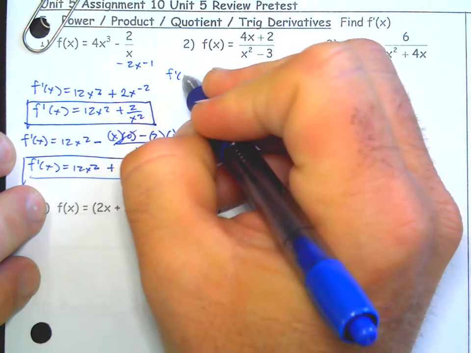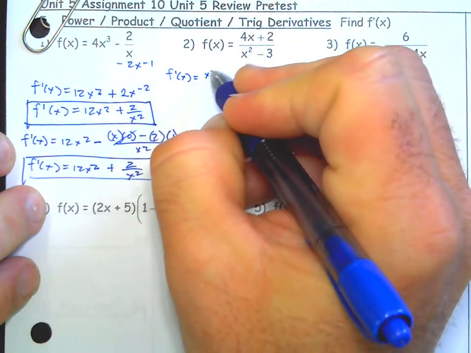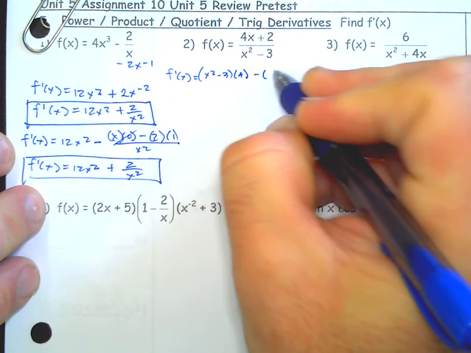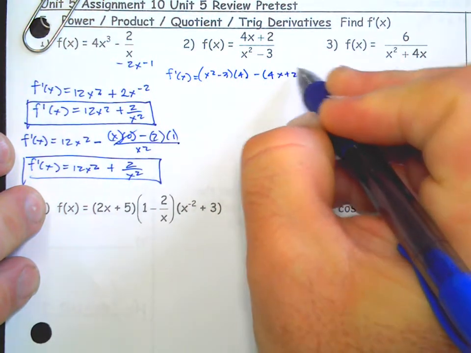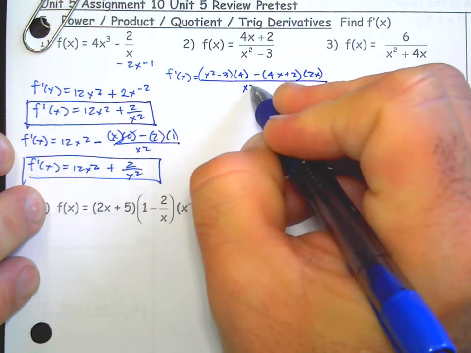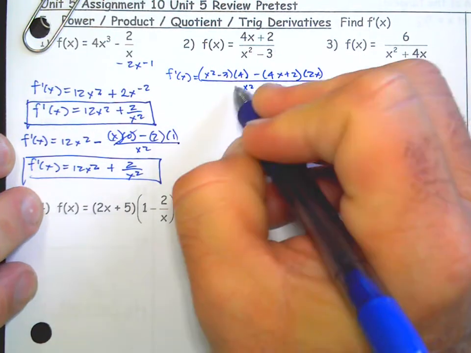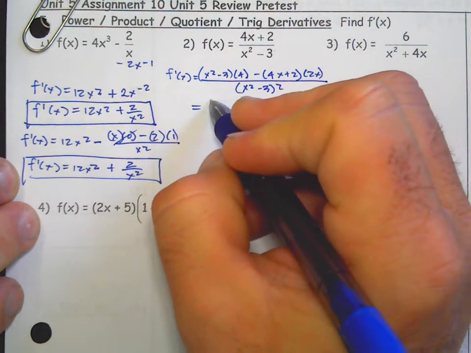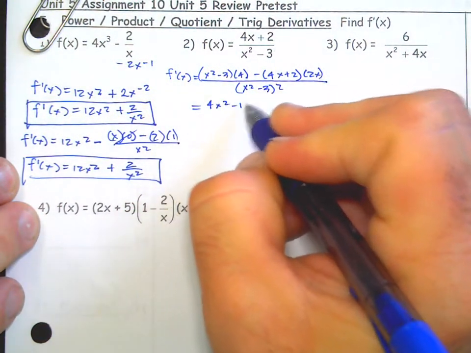So f prime of x equals low d high minus high d low all over low squared. Now let's clean it up. 4x squared minus 12.